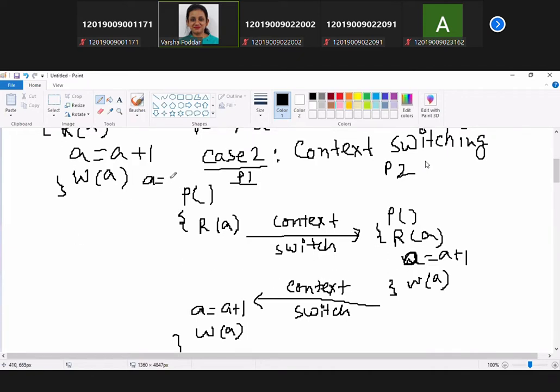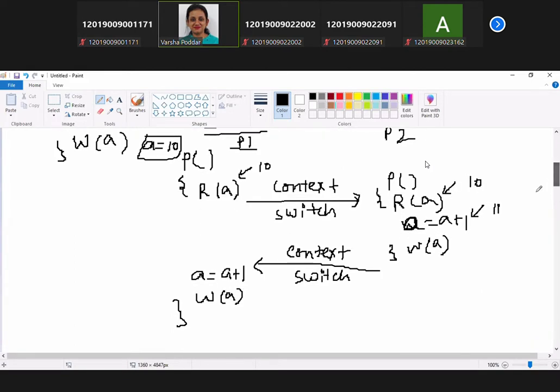Let us take the value of A as 10 at the beginning, like the previous one. Here A has come as 10, A has become 11, and that is written by P2. Now P1 is executing the rest of the part.